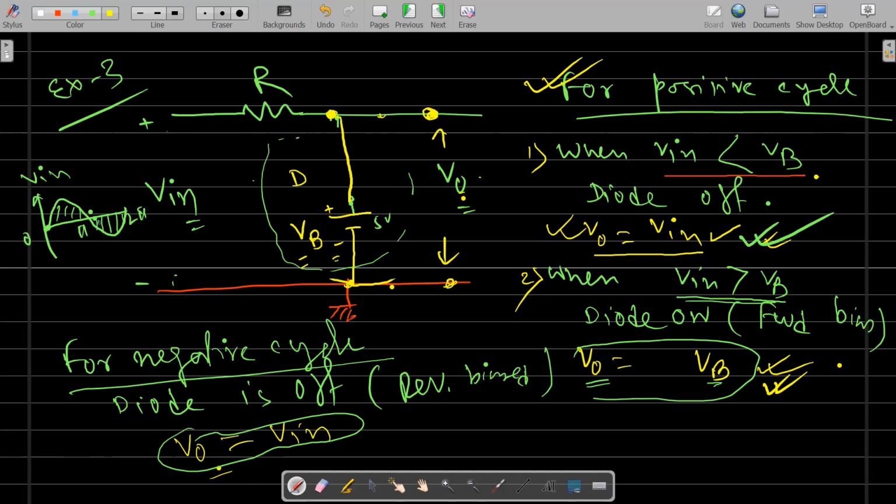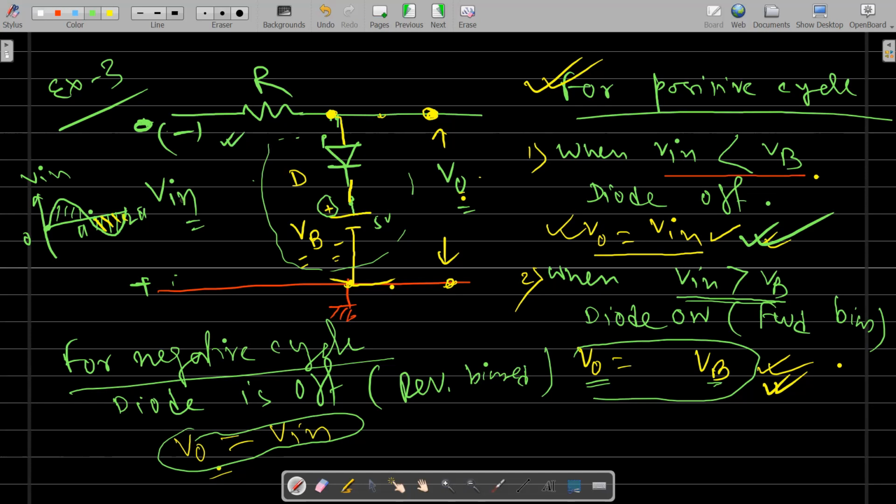Now coming to the negative cycle, that is the pi to 2 pi section, this one. So just place the diode again here. The diode was connected like this. Now see, for the entire negative cycle, this polarity will be minus and this one will be plus. For the entire negative cycle, the diode will be off because the N side is connected to the positive polarity of Vin and the P side is connected to the negative potential.